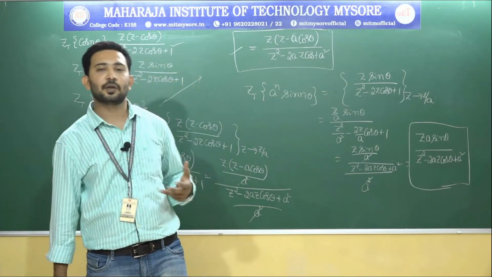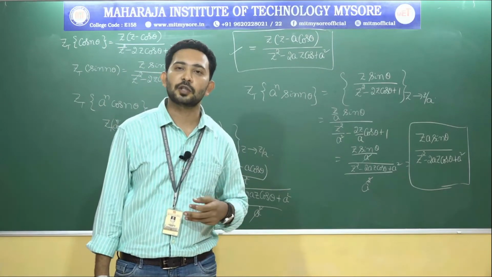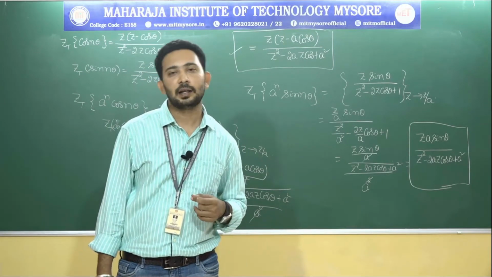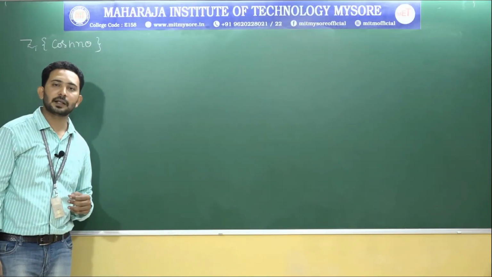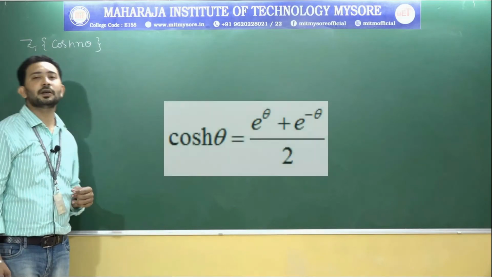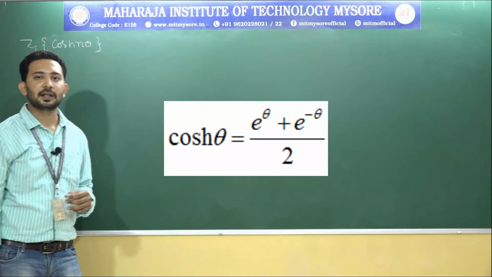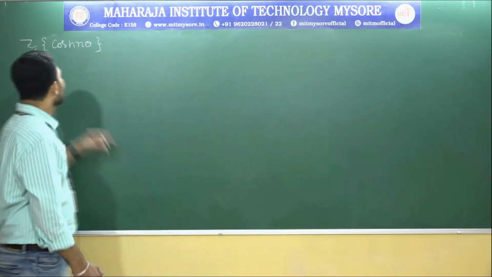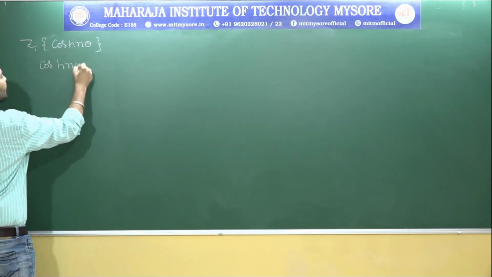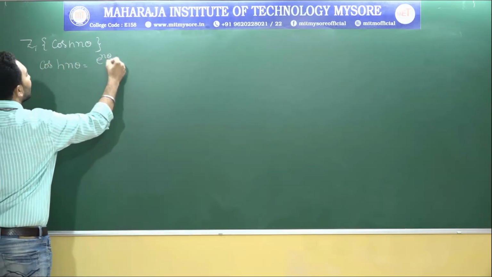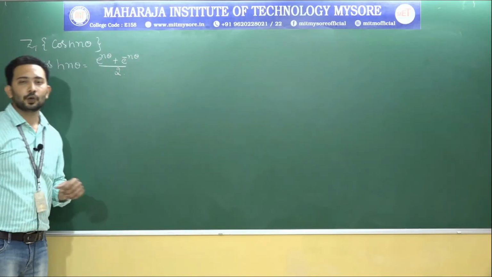Then what is the z transformation of cos hyperbolic n theta and the z transformation of sin hyperbolic n theta? We have a formula for cos hyperbolic theta, that is 1 by 2 into e power theta plus e power minus theta. So by applying that formula, we can write cos hyperbolic n theta as e power n theta plus e power minus n theta divided by 2.